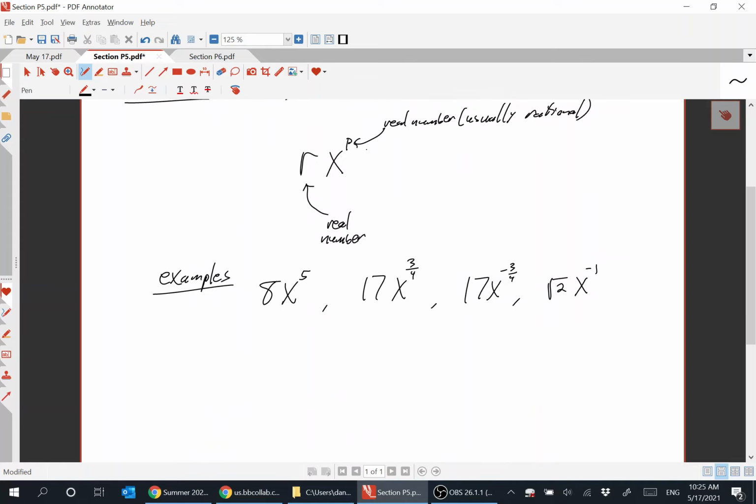An algebraic expression is a sum and difference of monomials.